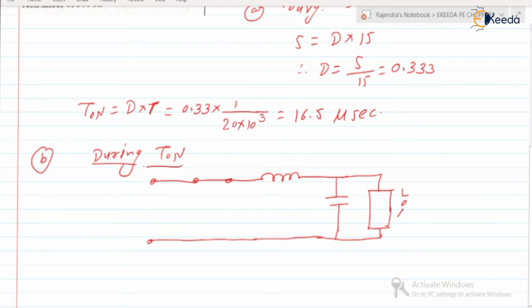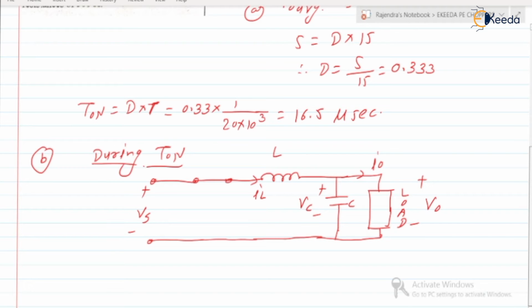The load voltage is V0, current I0, capacitor voltage VC, inductor L, current IL, and here it is Vs.